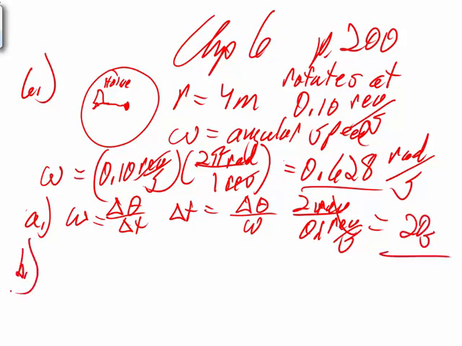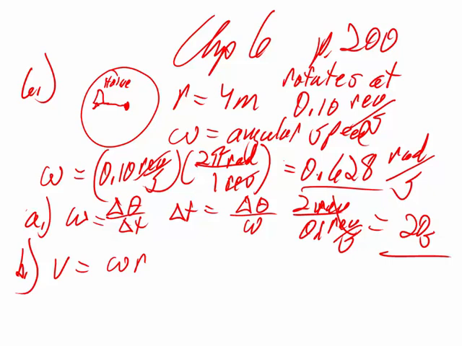All right, now let's look at part B. Part B says, how fast is a child on the horse going in meters per second? Well, if you go back and watch our videos, you'll see that the linear velocity, the velocity in a straight line path, is equal to omega times r.